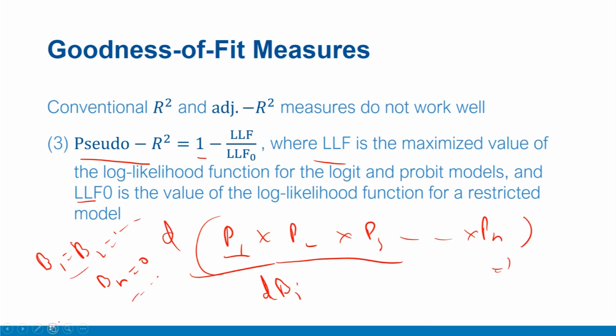That is your restricted model, and then you compute the maximized value for those parameters, beta 1, beta 2, and so on, where this joint probability function of observing the parameter estimates is maximized. So LLF is the maximized value of the log likelihood function, and LLF naught is the likelihood function for a restricted model where all the parameters are assumed to be 0.